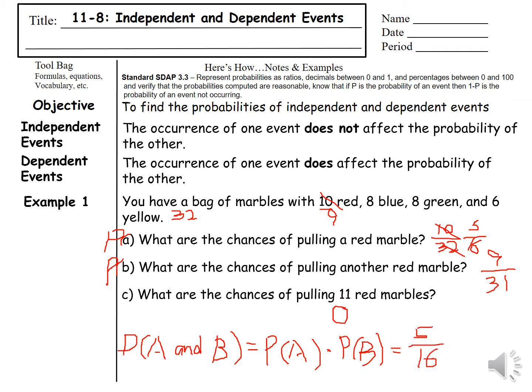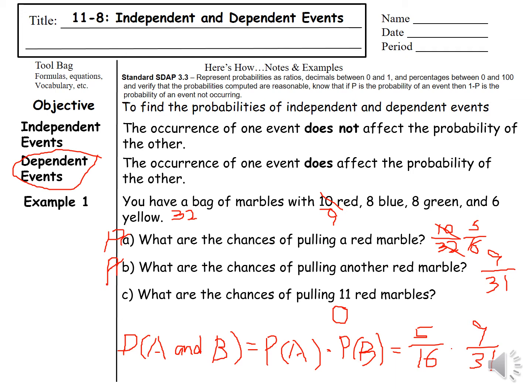The probability of event B is 9/31. They are not the same, because you're taking out one red marble but you didn't replace it. That's why it's a dependent event. That's a typical dependent event question. The number of red marbles changes and the total number of marbles also changes. So that's the first example.